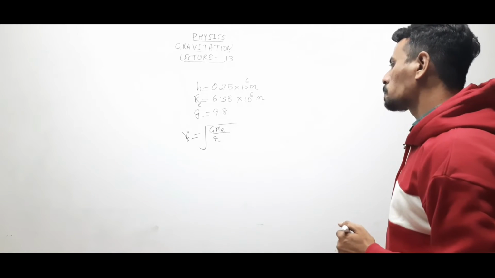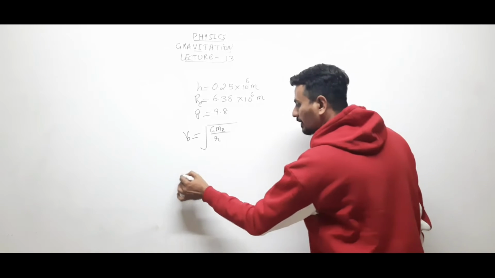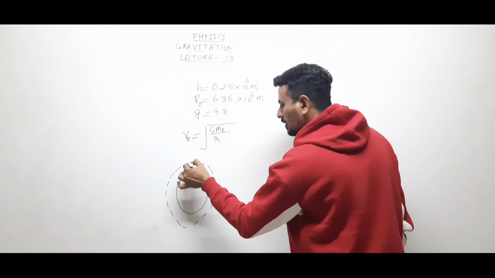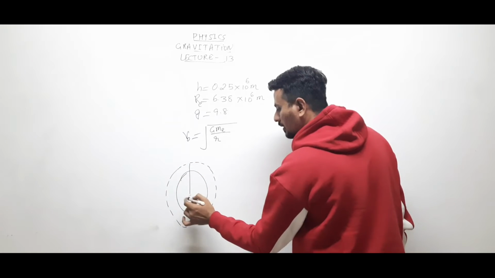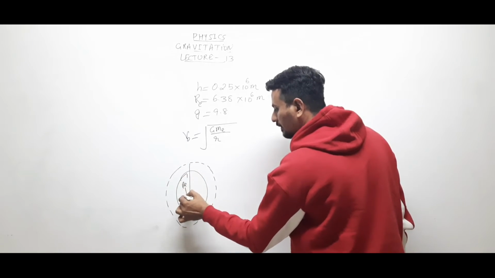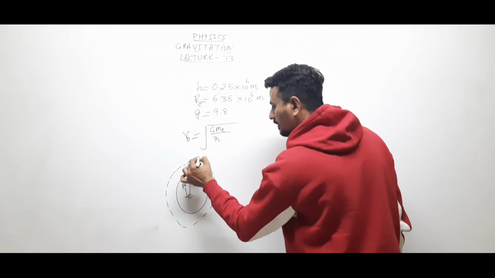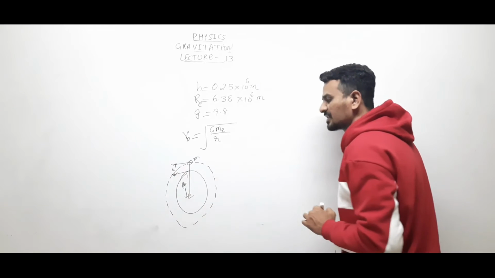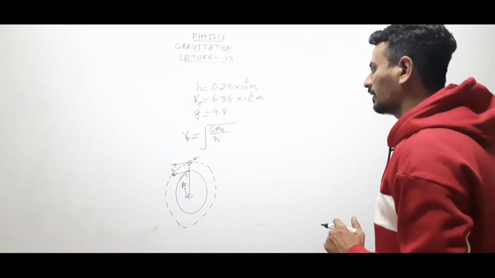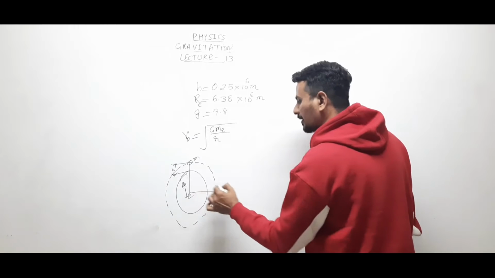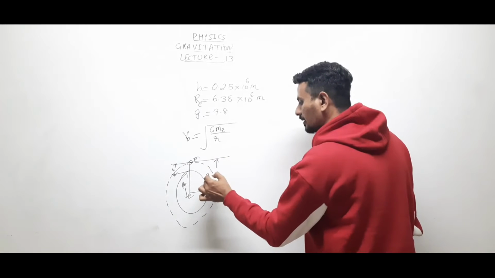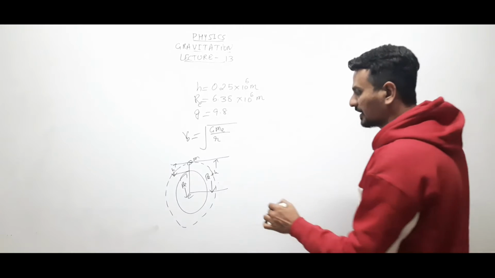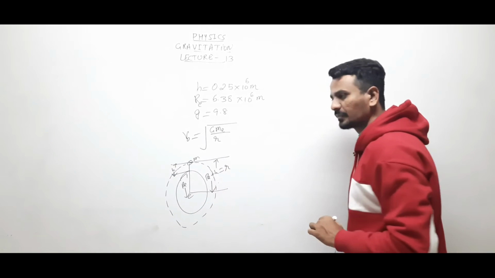Now the satellite is at a height h from the surface of the earth, and this is the radius. So the total distance will be R_E plus h, which we will call r, right?